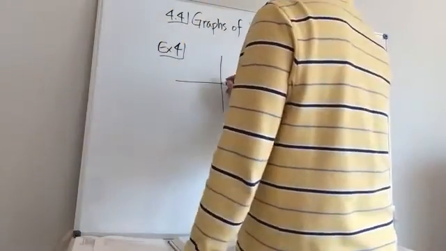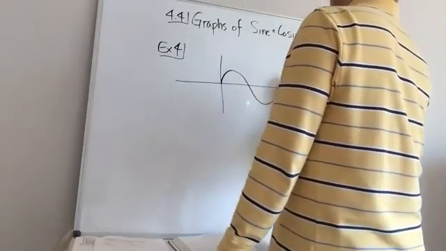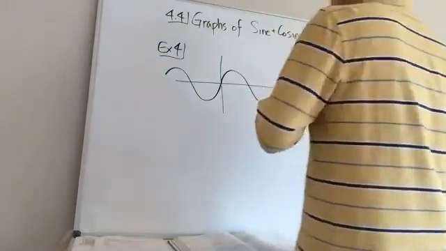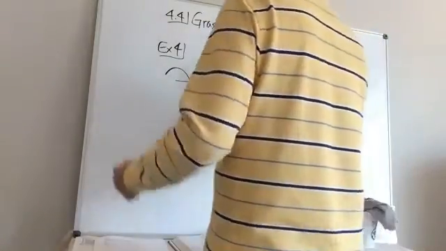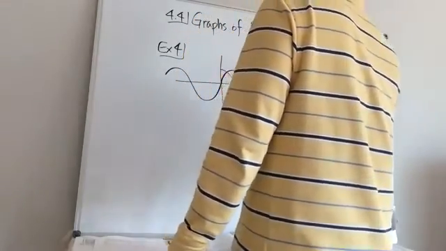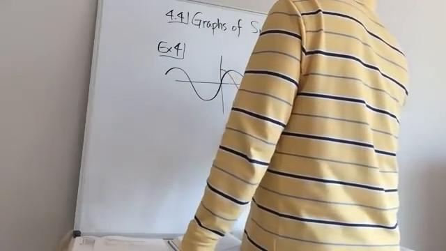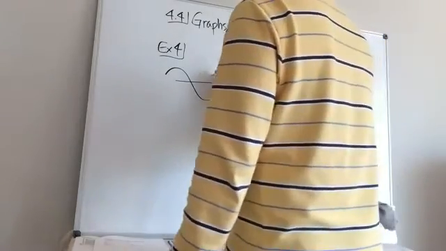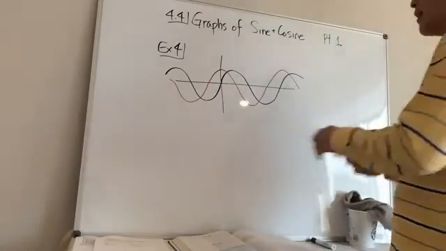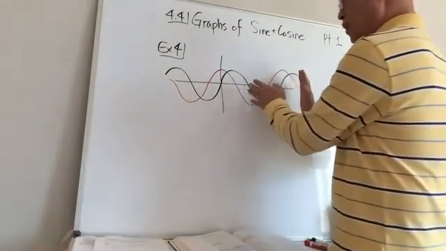So I'm going to start with the sine function. I'm going to start with this guy. And I want to end up with a cosine function, which is going to look like this guy. Okay, I want to end up with this guy. So what did I do? I took the black guy and I moved it to the left.